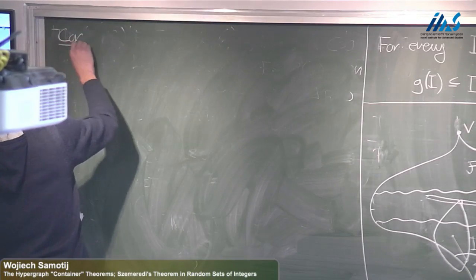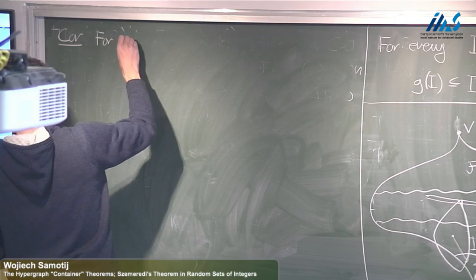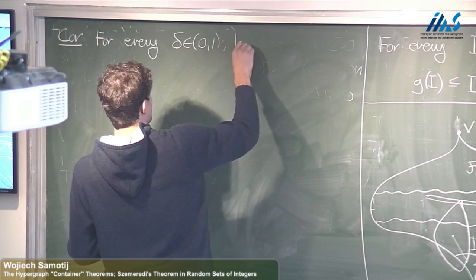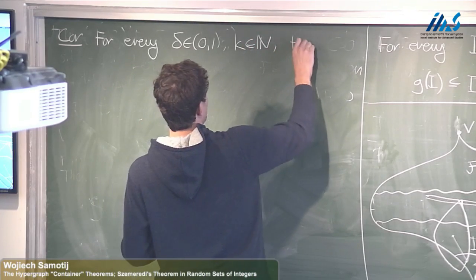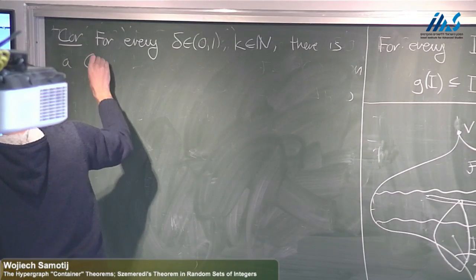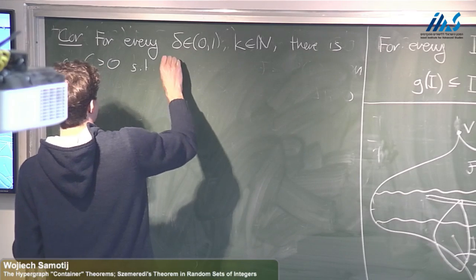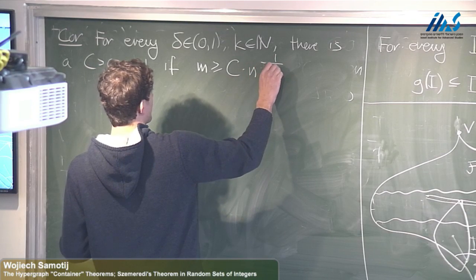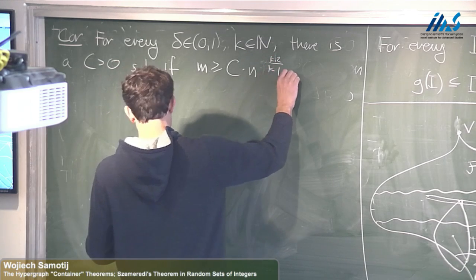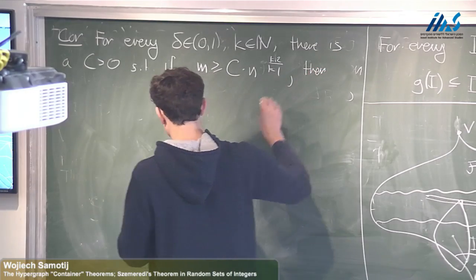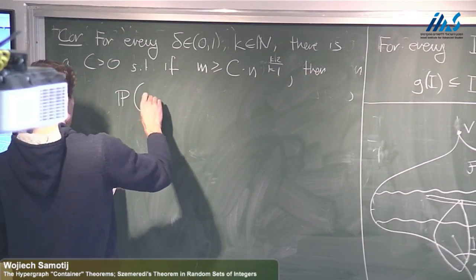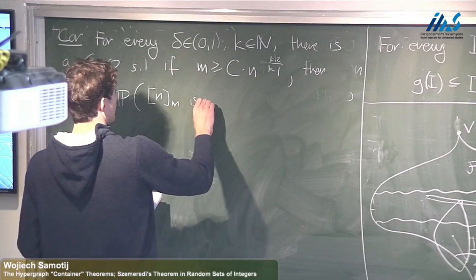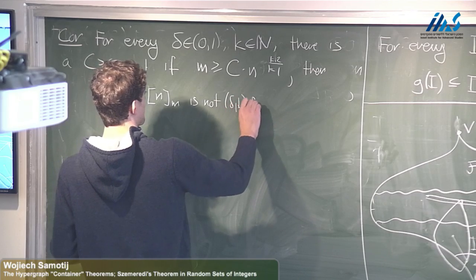Corollary: for every delta between 0 and 1 and integer k, there is a large constant C such that if m is at least a constant times n to the minus (k minus 2) over (k minus 1), then the probability that a random m subset of [n] is not (delta, k)-Szemeredi is very small.